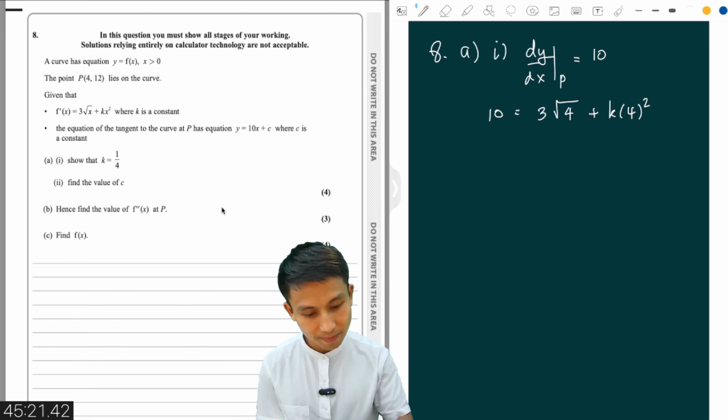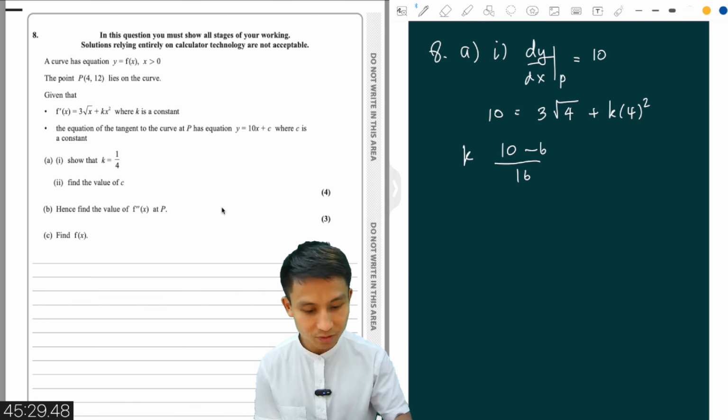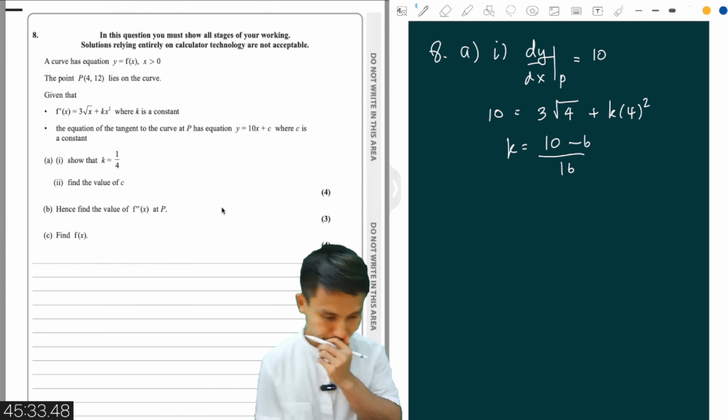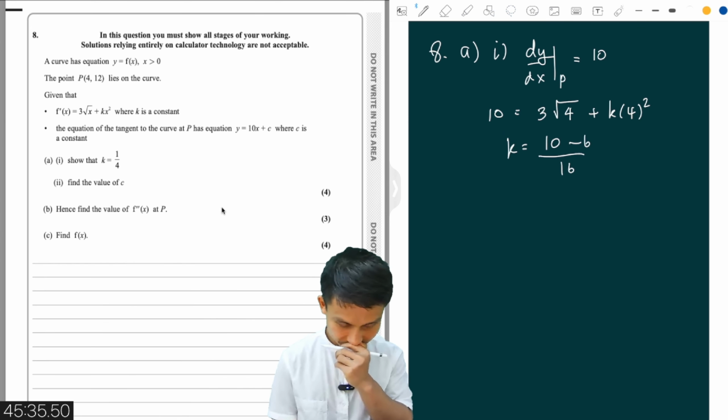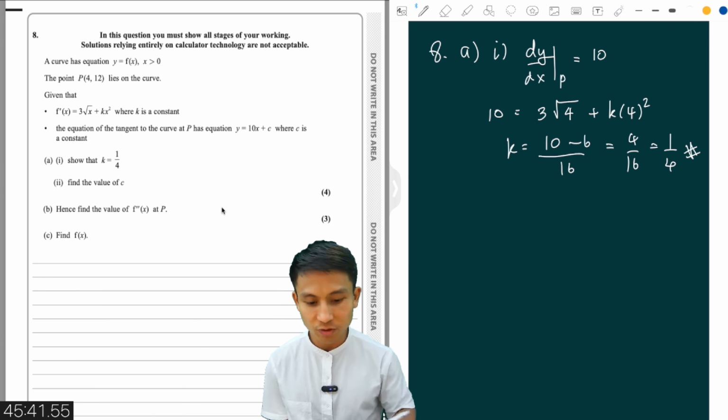Okay, so what is that? It's 10, 10 minus 6 divided by 16 equals k. So this is just 4 over 16, which is a quarter as required.